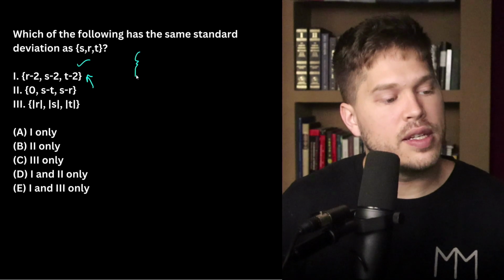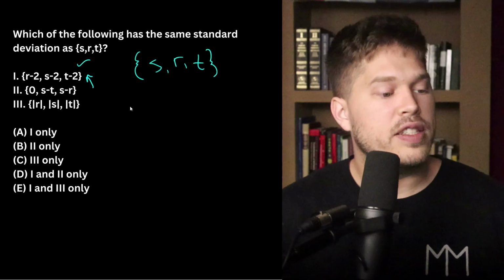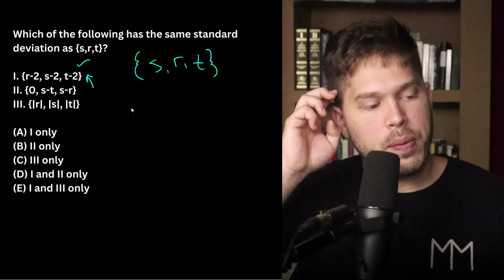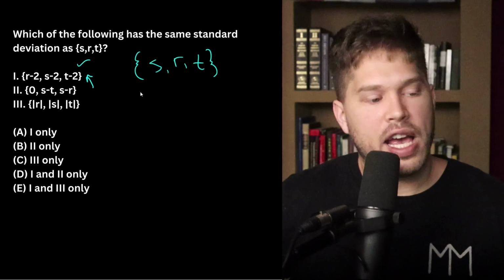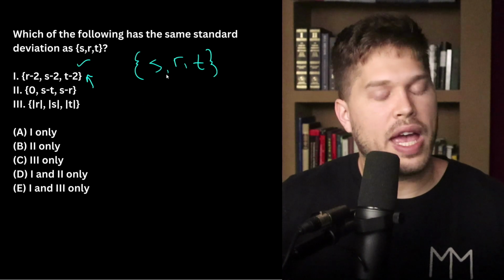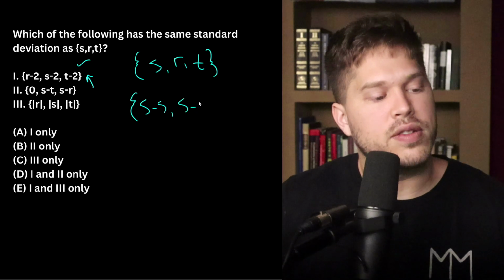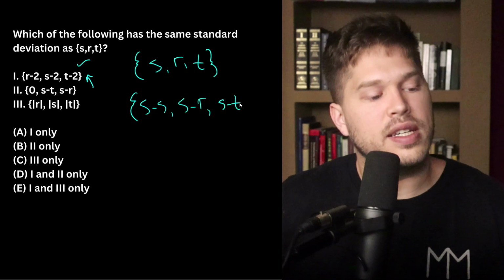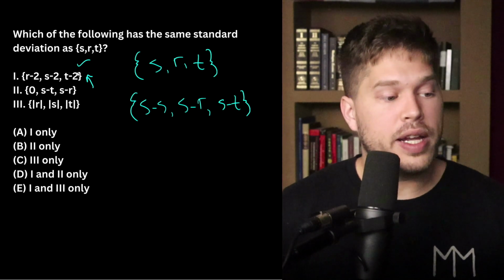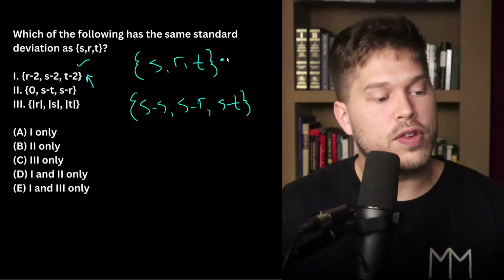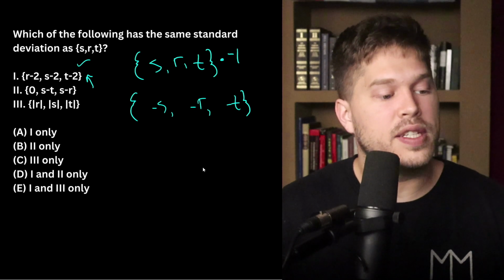Our original set is S, R, and T. And so I'm seeing, hey, if we subtracted S from all of these, and had a negative, we could have S minus S, S minus R, and S minus T. And all we did here was what? We multiplied our original set by a negative 1, and we are left with a negative S, a negative R, and a negative T.